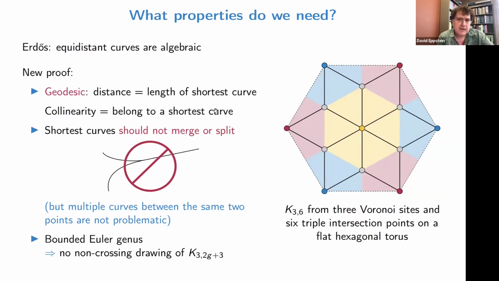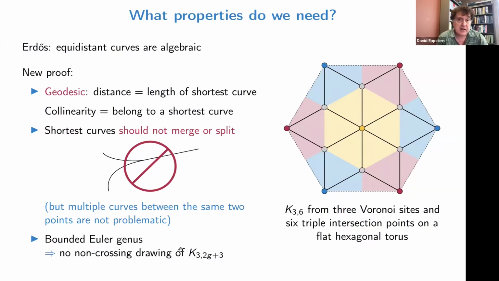And in the Euclidean case, we're working with the topology of the plane. We used that topology in the fact that the graph K33 is non-planar. But we can generalize a little bit in that property. We don't need to be working on a surface that is spherical or planar, but we do need to have bounded genus.